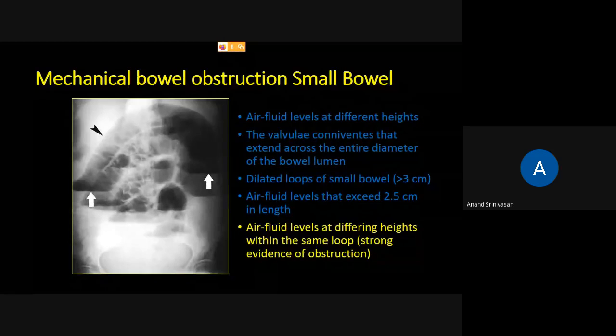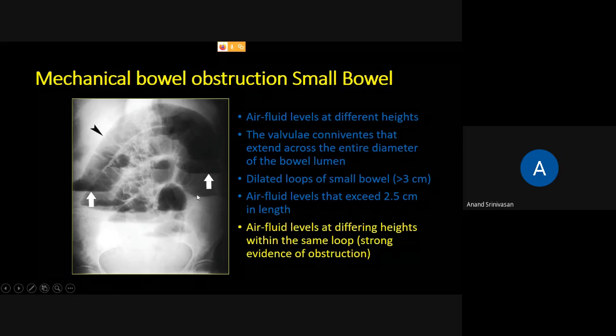All right, so in case of intestinal obstruction, how to look for it? Here is the picture of an intestinal obstruction. As I said before, the small intestine is dilated more than 3 centimeters, and there are air fluid levels. Above is air and below is the fluid, because of the obstruction the intestinal contents are present here.